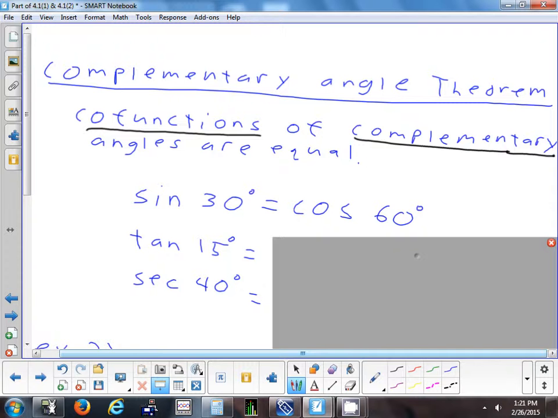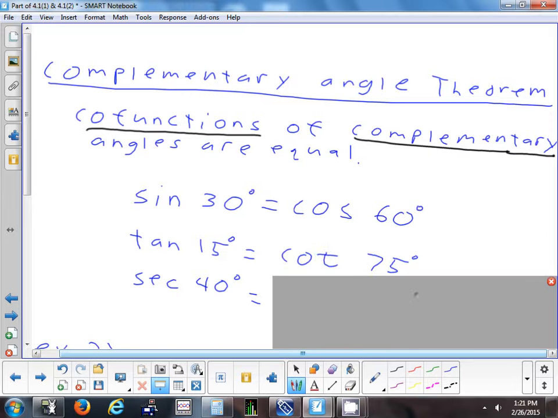Let's try another one. Tangent 15. Anyone think they could tell me the cofunction and the complement? Give me both. Yeah, cotangent 75. Good.